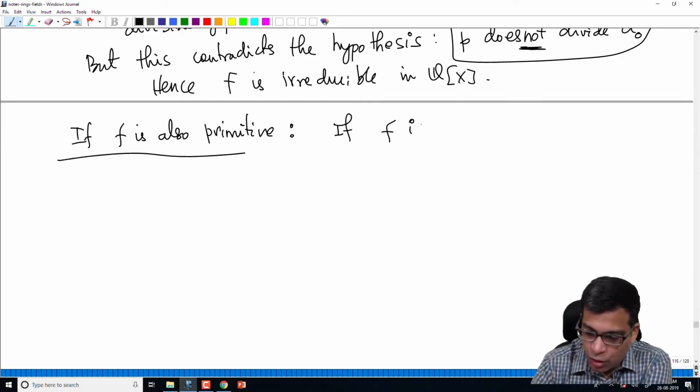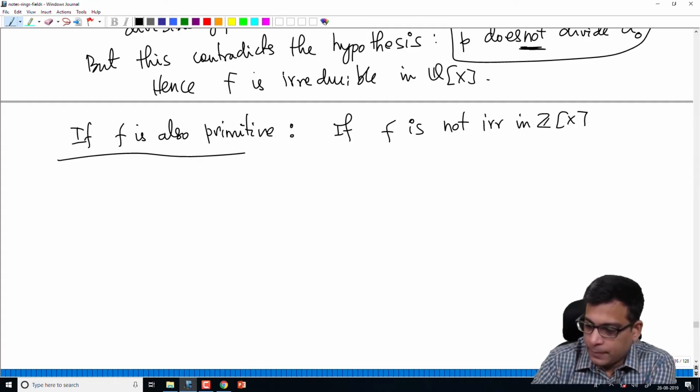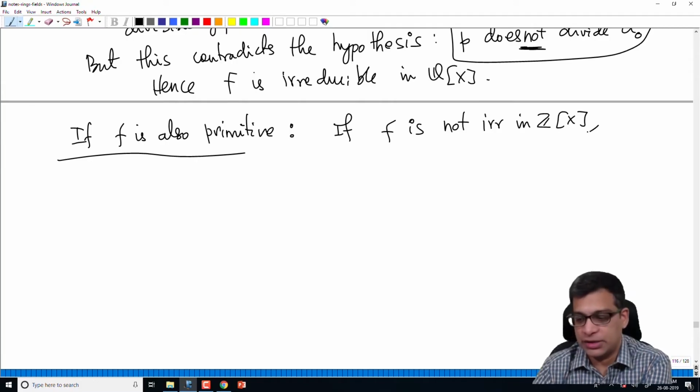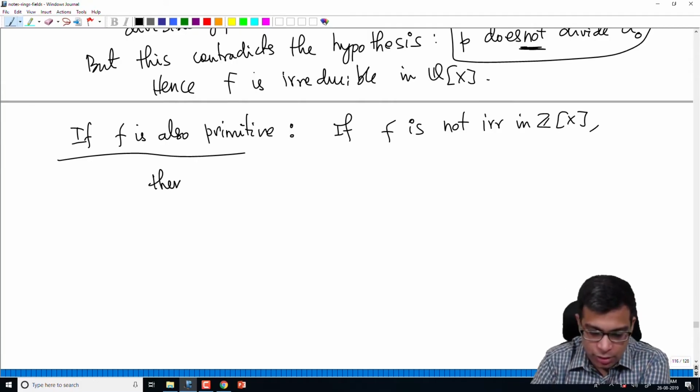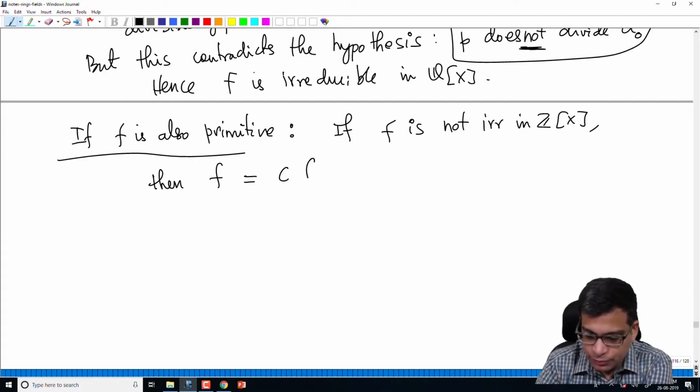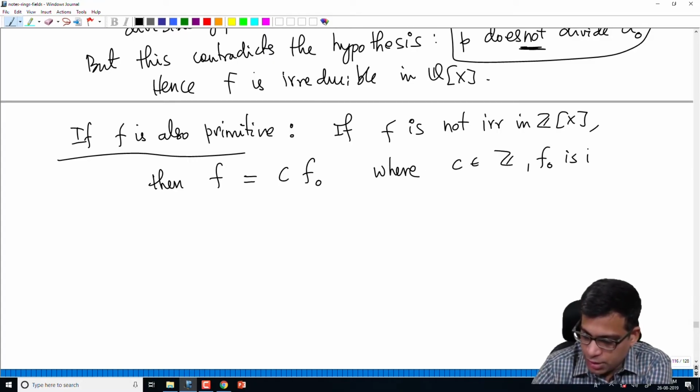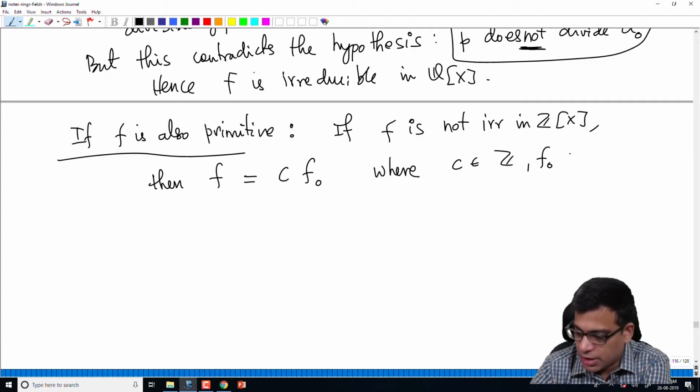If f is not irreducible in Z[x], that means f is reducible in Z[x], then f can be written as some c times f0, where c is in Z and f0 is another polynomial in Z[x].